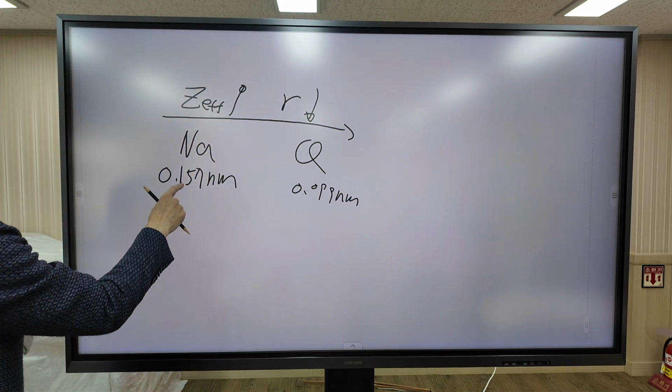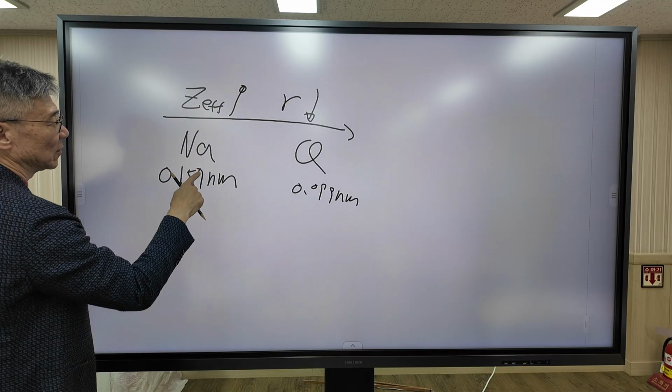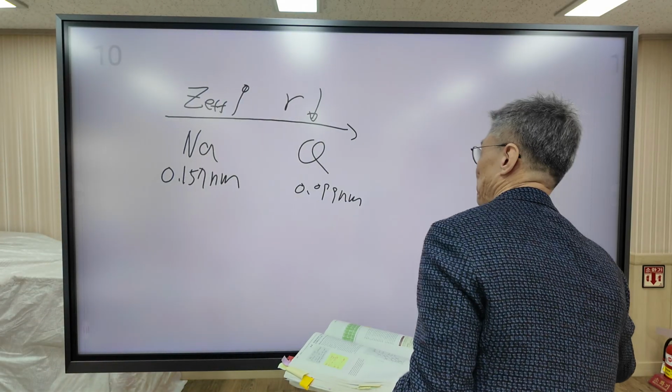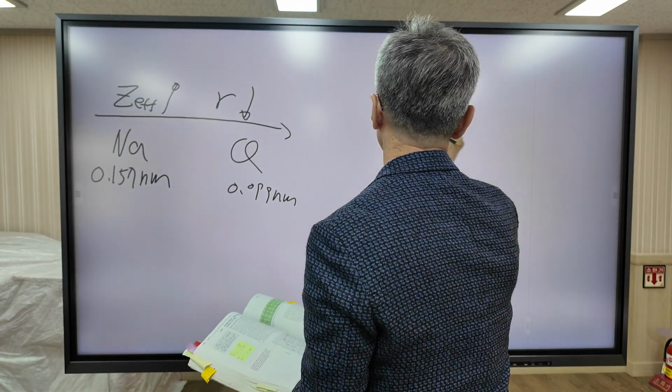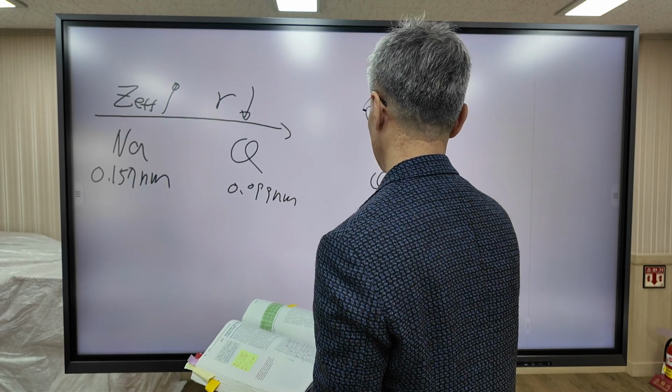So as you can see, when you go from left to right, effective nuclear charge increases, so the radius decreases. This is sodium, this is chlorine.